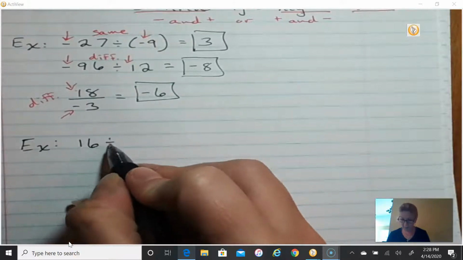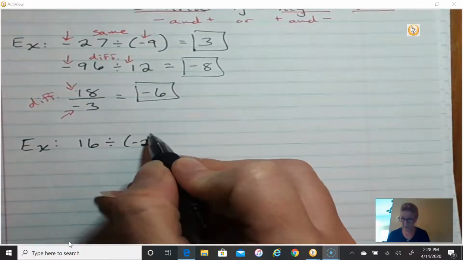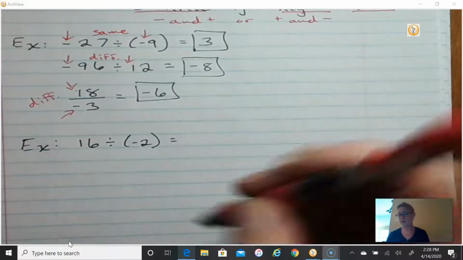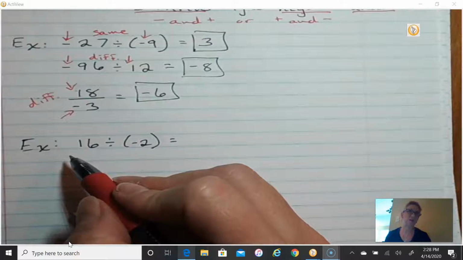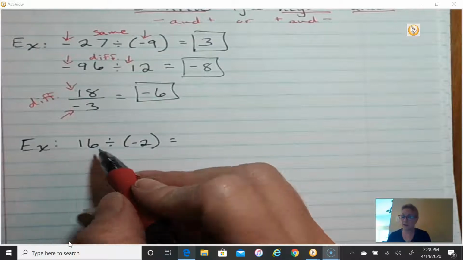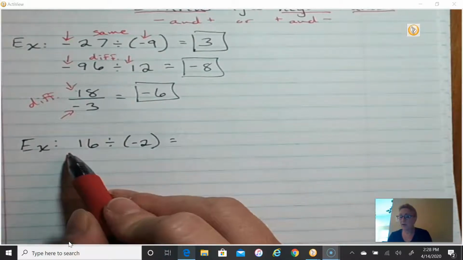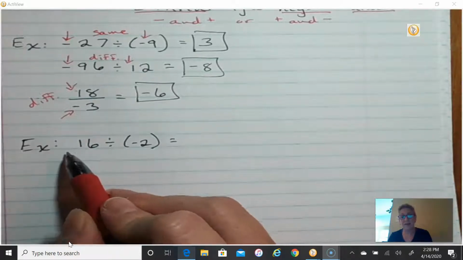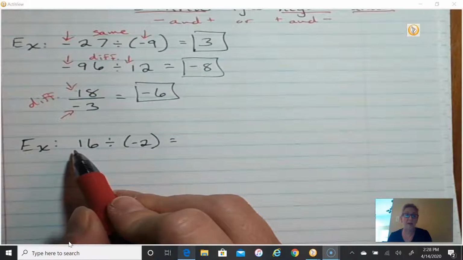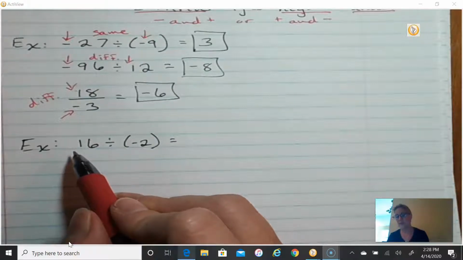16 divided by negative 2. Do you see? Now, some of you, I was grading your work from back when you were doing subtracting and everything, and some of you were getting it wrong because of the very first number did not have a sign there. There's no plus or minus, and you weren't quite sure what that meant.